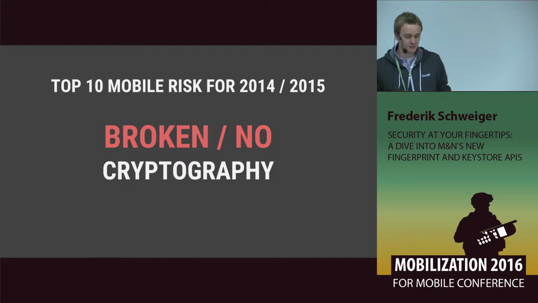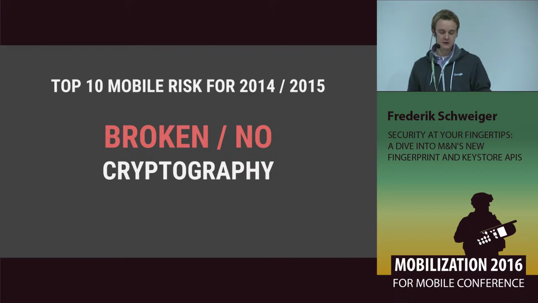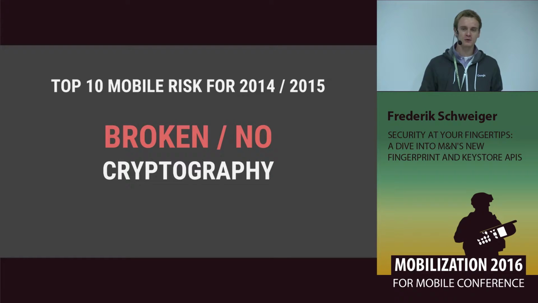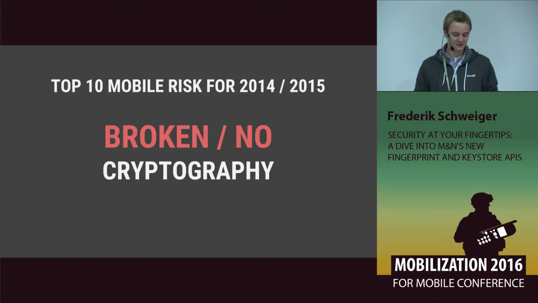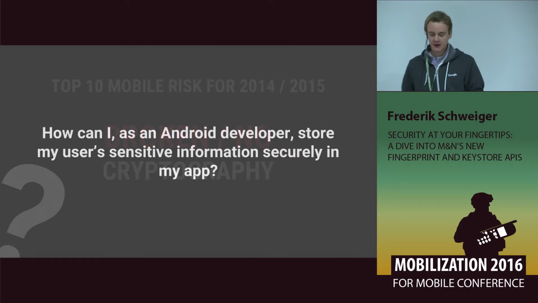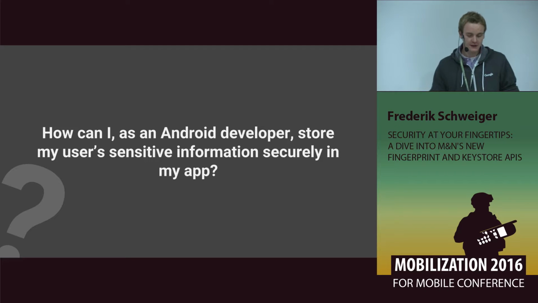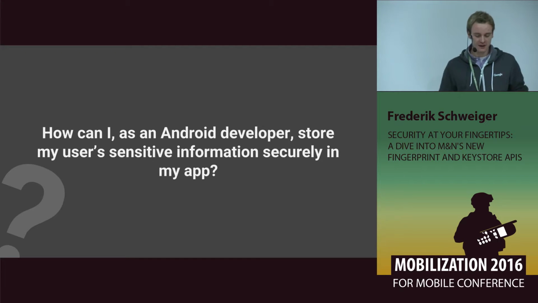And one of the top 10 security reasons in 2015 and 14 has been broken or no cryptography inside the app. So if the cryptography is bad or not well implemented, it's maybe even worse than to use no cryptography. So I want to ask the question: how can I, as an Android developer, store my user-sensitive information securely in my app?